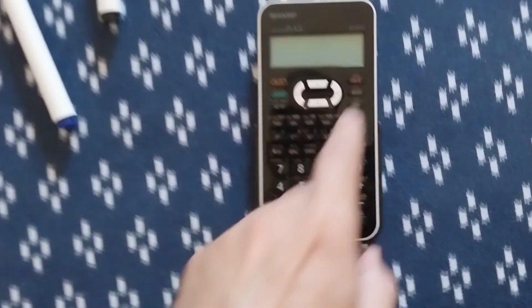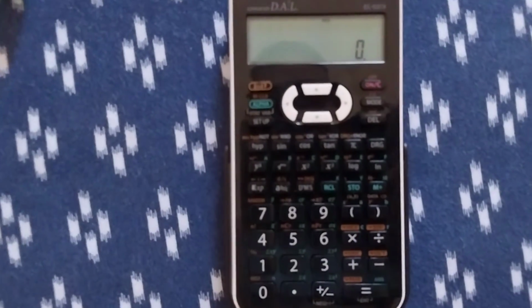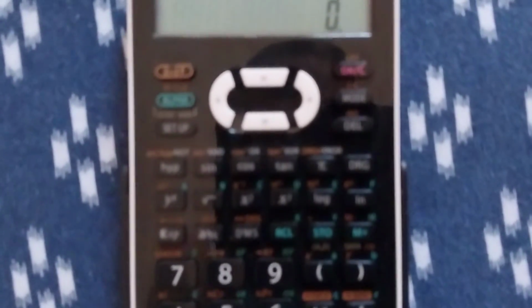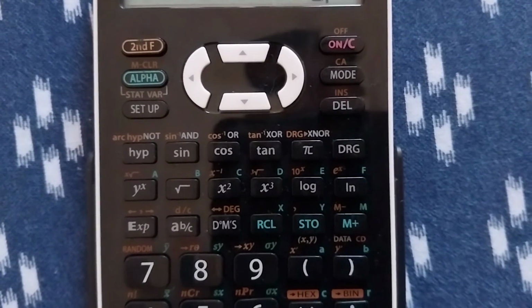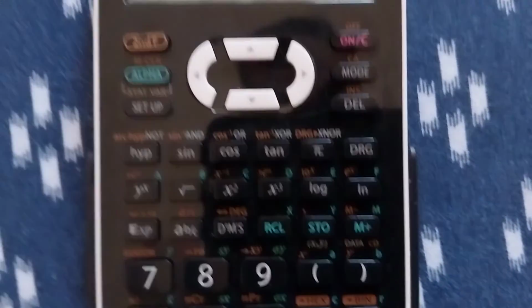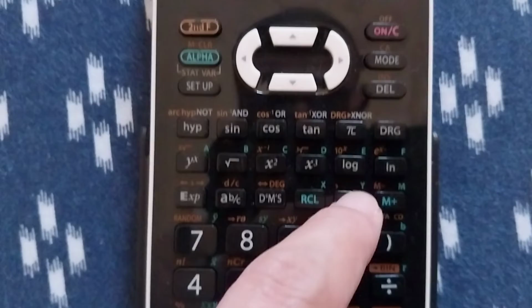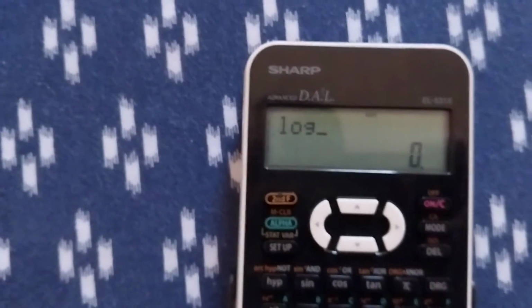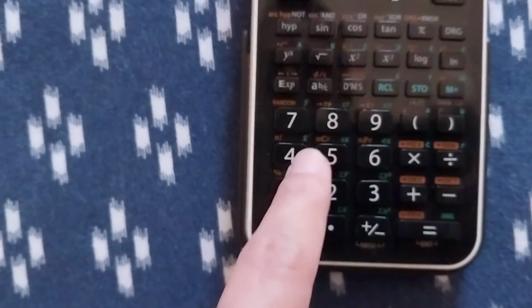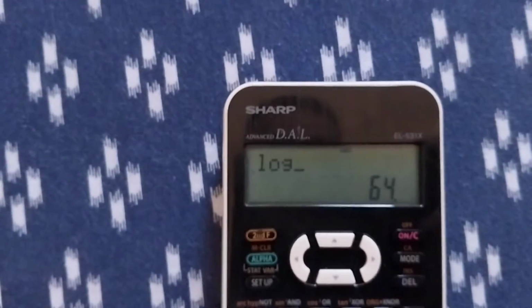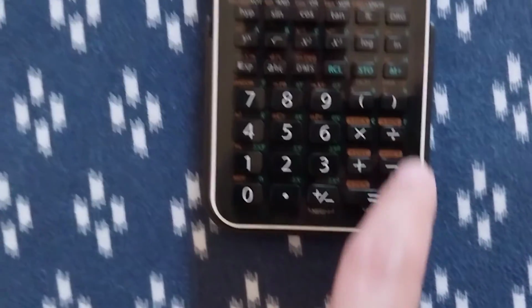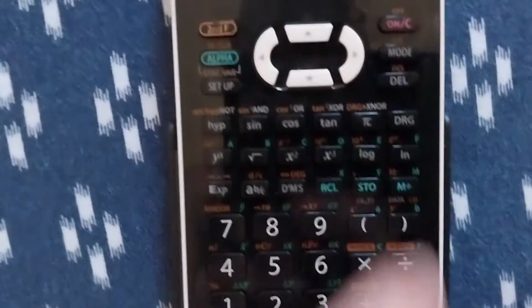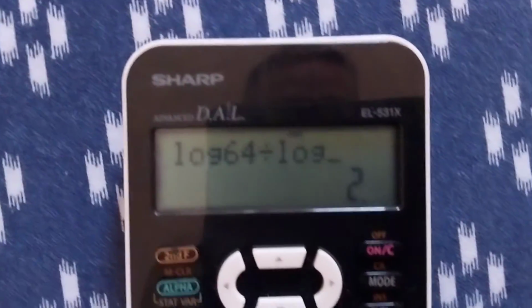Let's look at the calculator here. We'll turn it on. So where is the logarithm key? The logarithm key is just there above STO. So that's the log key. The logarithm of 64 divided by the logarithm of 2.